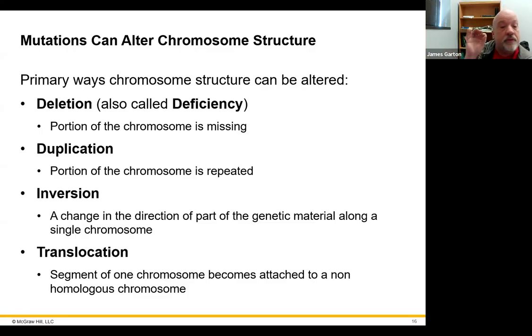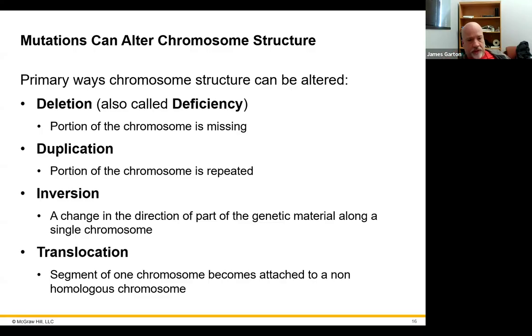In the case of a deletion, some DNA is always missing. And deletions are almost always deleterious. In the case of a duplication, some of that genetic material is there in excess.